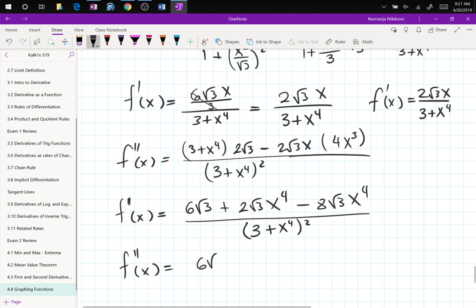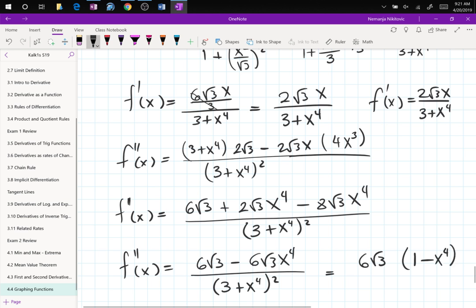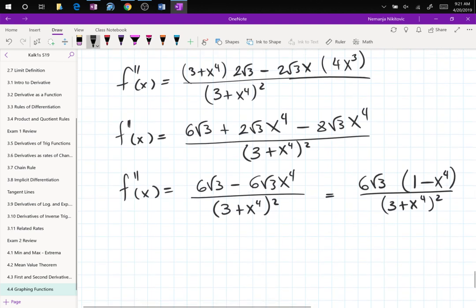I have 6 root 3 minus another 6 root 3 x to the 4th, divided by 3 plus x to the 4th, everything squared. And I can factor out 6 root 3, which leaves me with 1 minus x to the 4th. Now this is an important way to simplify, because now it's easy to do this.